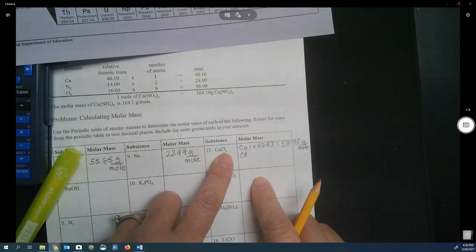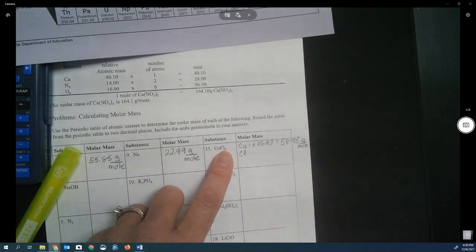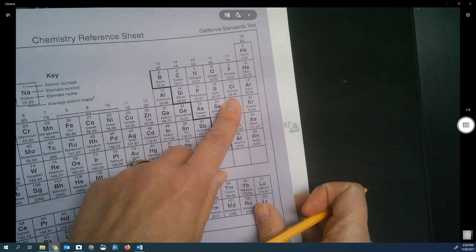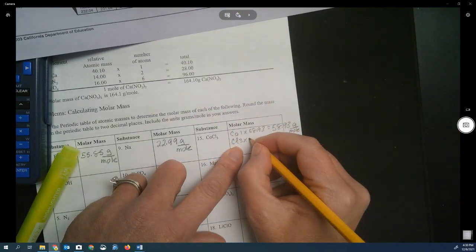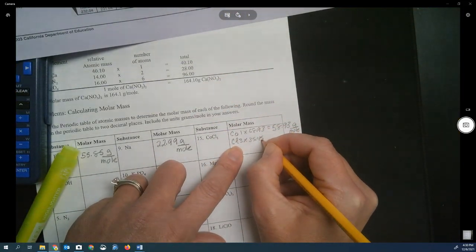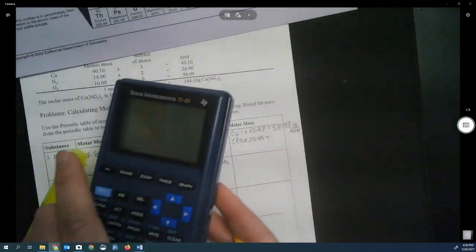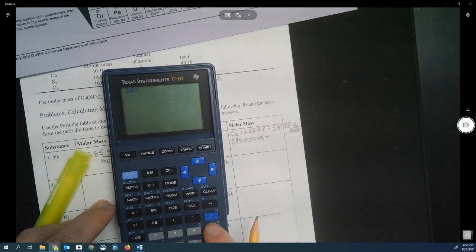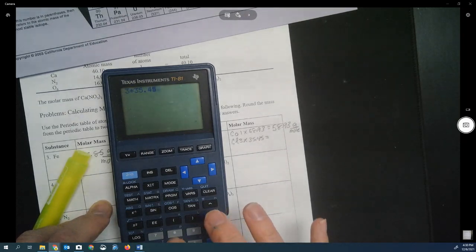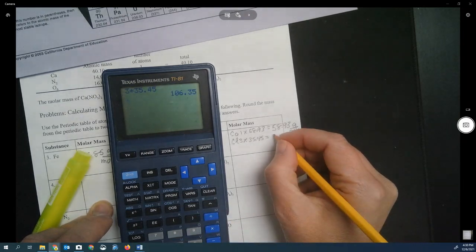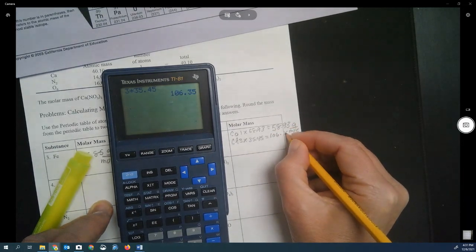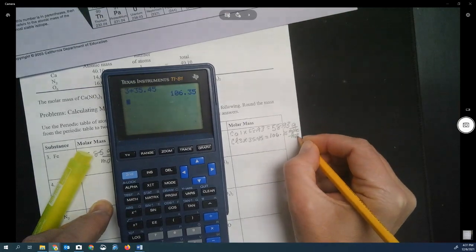All right, for chlorine, I have a subscript of 3 here. So I am going to take 3 times the mass of chlorine, which is 35.45. I'm going to multiply that by 3. So I'm going to put this in my trusty calculator. 3 times 35.45 equals 106.35 grams per mole.